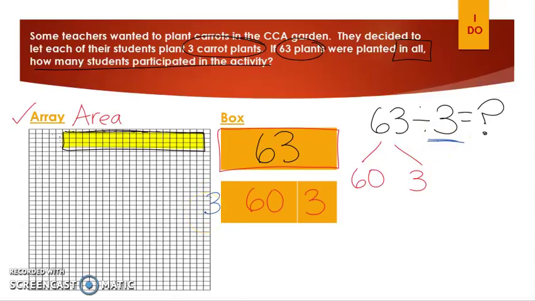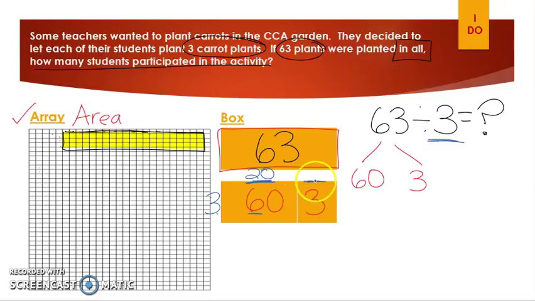Now I'm trying to figure out 3 times what equals 60? 3 times what equals 6? Oh, 2. So if 3 times 2 equals 6, then 3 times 20 equals 60. There's a pattern there.